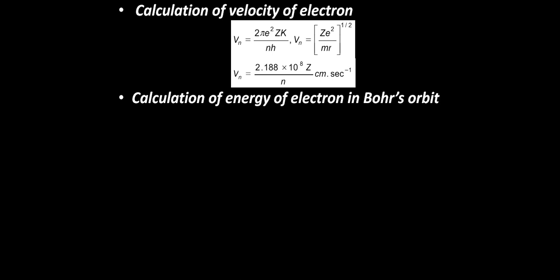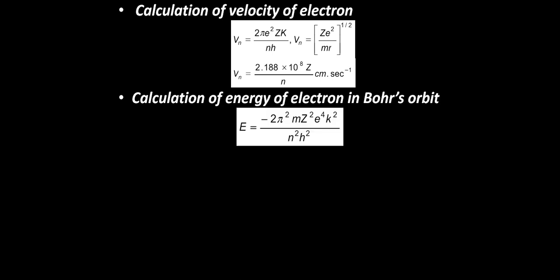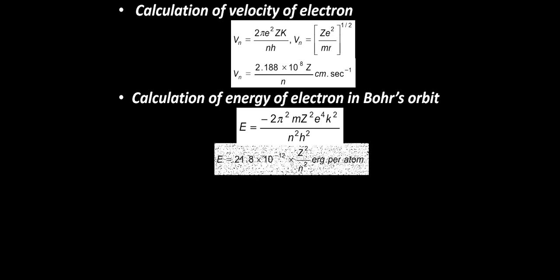Calculation of energy of electron in Bohr orbit. We can calculate the energy as we have discussed also. E will be equal to minus 2 pi square m z square e to the power 4 k square by n square h square, where if I put the values in erg per atom, what I get is 21.8 into 10 to the power minus 12 z square by n square.